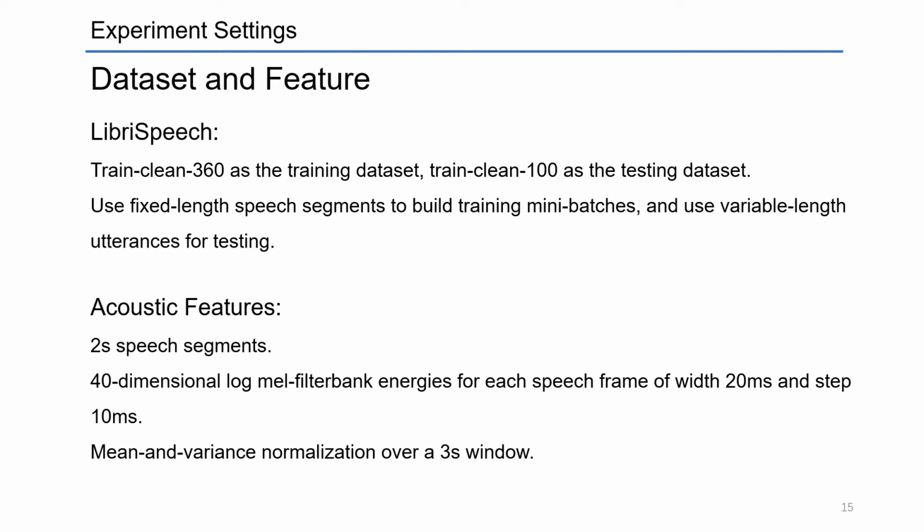We use the mel filter banks as the input of the deep neural network and use fixed-length speech segments to build mini-batches. Mean and variance normalization is used to rescale features.